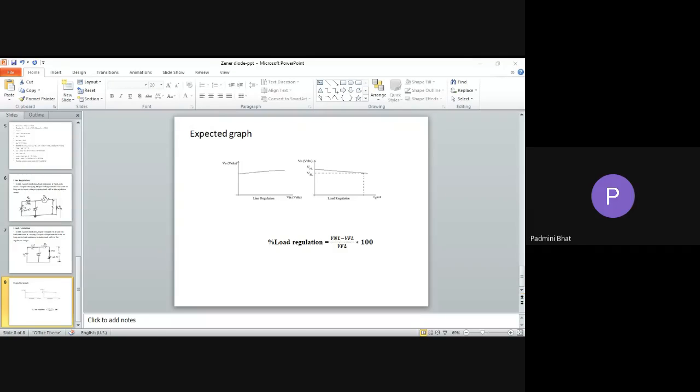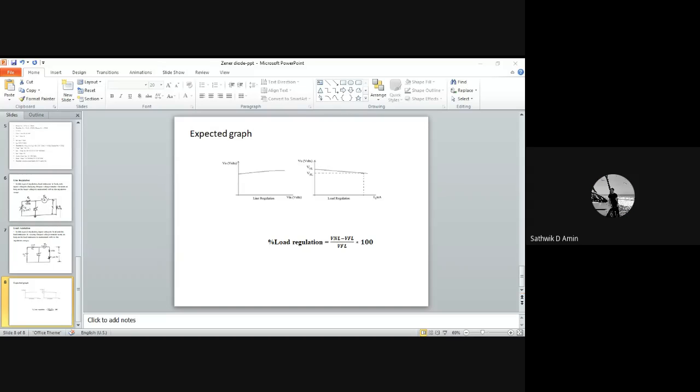That's correct. Now tell me, why did we do that experiment? Load and line regulation. Why did we do it? Satvik only. See, some aim should be there to do the experiment. Why did we do it? Any idea?